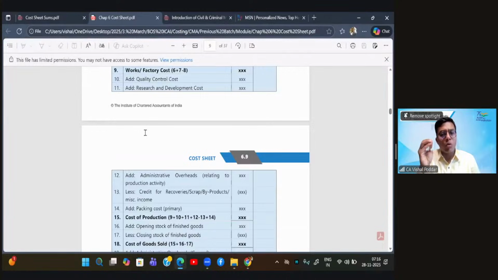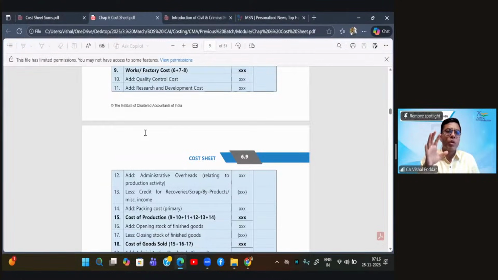Now, all these expenses are added after getting the factory cost of your product. Now again, why are they added here? Because if you observe, these expenses are incurred till the production level, till the final product comes into existence. These are required for the production only. Hence, they are added immediately after factory cost.